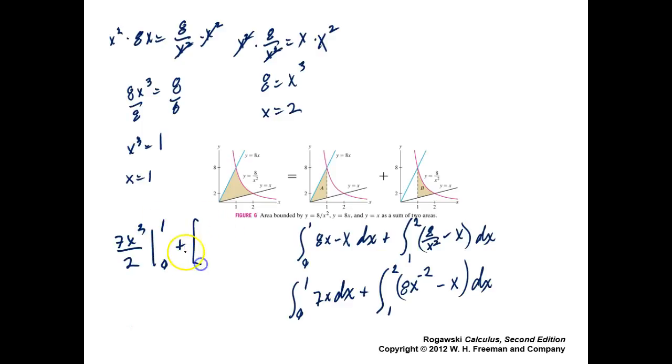Plus 8x to the minus 1. I'll buy that one. Over minus 1. So I'll just put the minus in front, right? Okay with that? Okay. Next part.